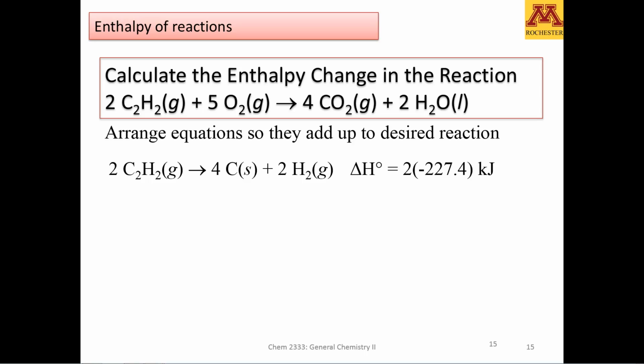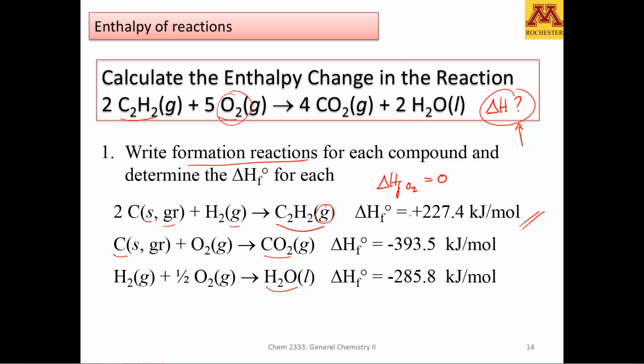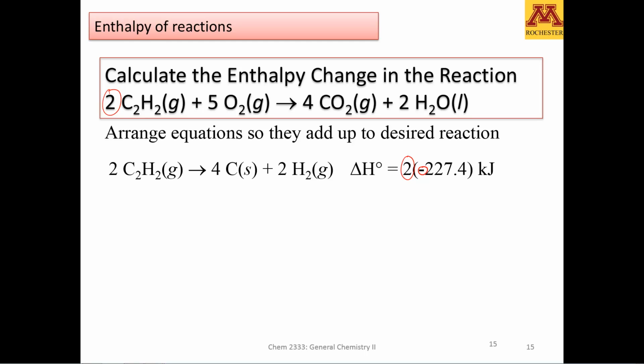And we want 2 acetylenes, so we need to multiply our heat of formation by 2 and change the sign. Remember that this was positive because acetylene is on the right. Now if it has to be on the left, you have to change the sign, and if you want 2 acetylenes, you need to multiply by 2.